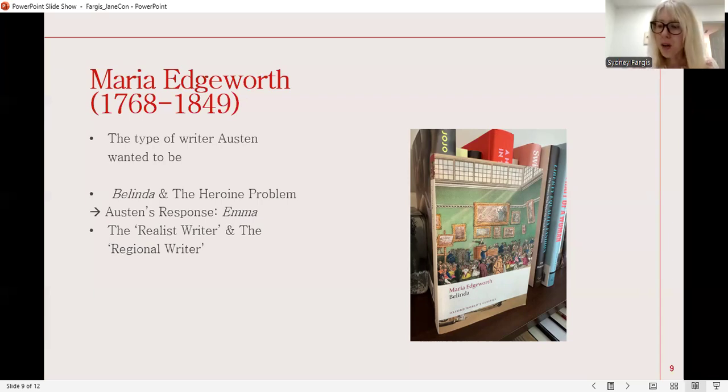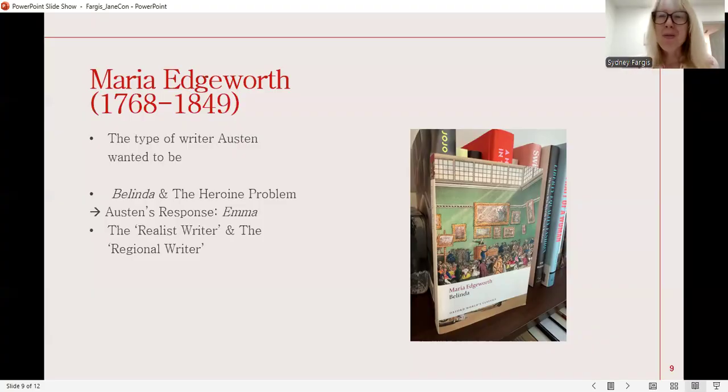So, Maria Edgeworth. In a letter to Anna Austen on September 28th, 1814, Austen wrote to her niece, "I have made up my mind to like no novels really, but Miss Edgeworth's, yours, and my own."